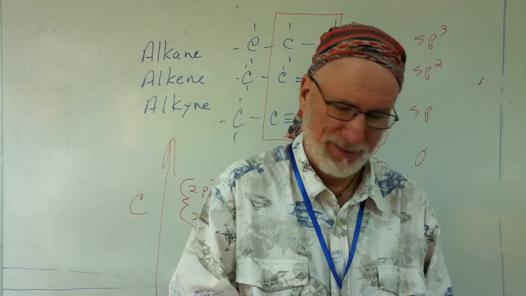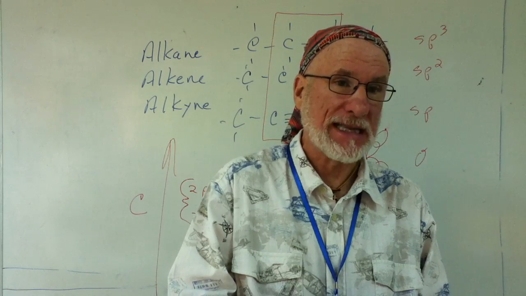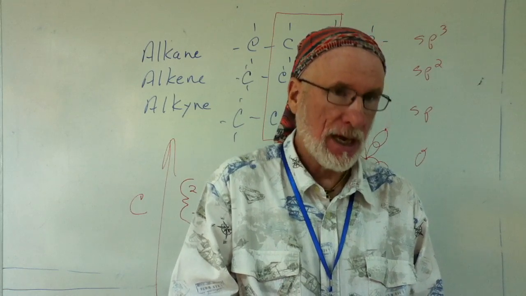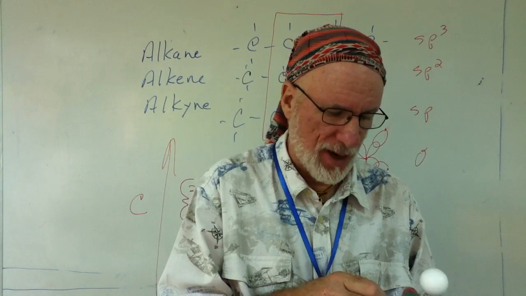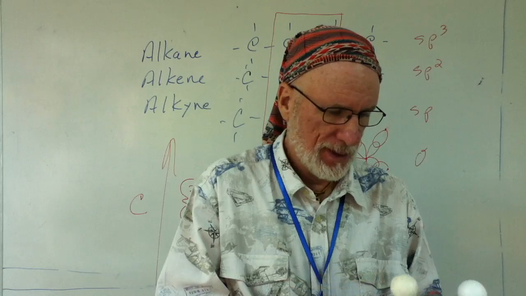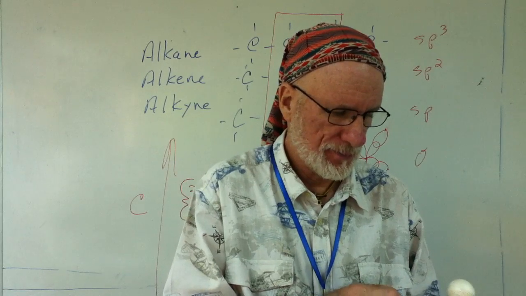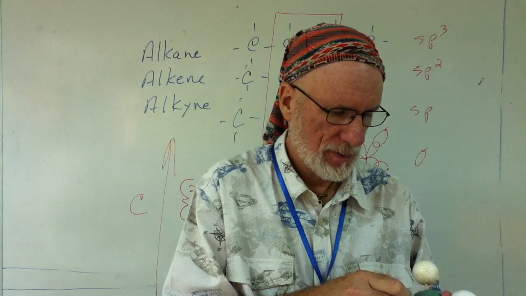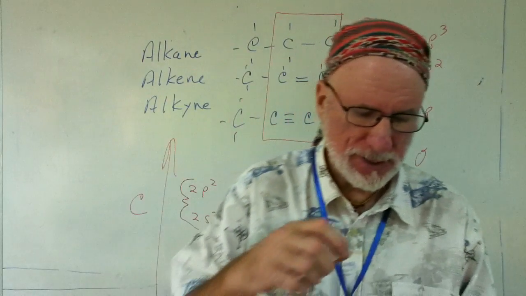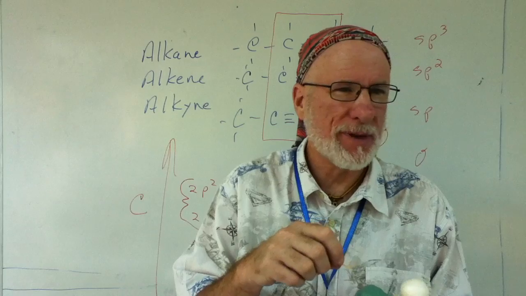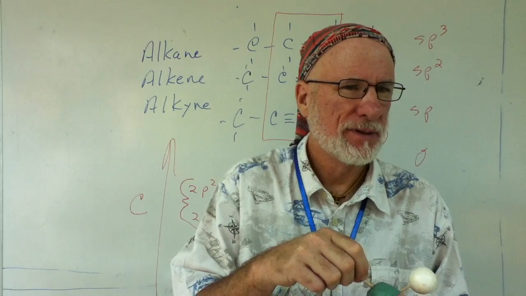Okay. So they look like this, okay? They come at angles of about 109.5, okay? Kind of looks like this. Does anybody know what the shape is? Do you guys do this, geometric shapes and all that stuff?